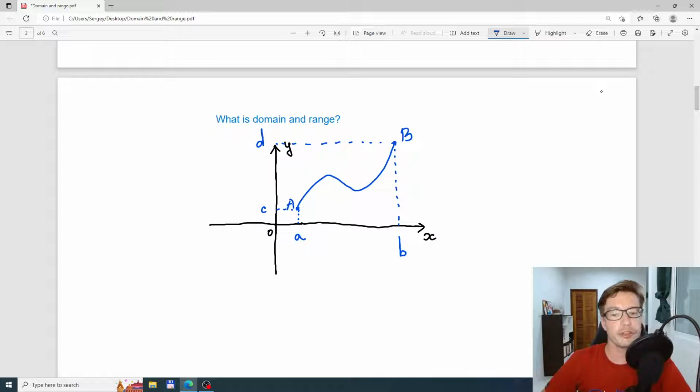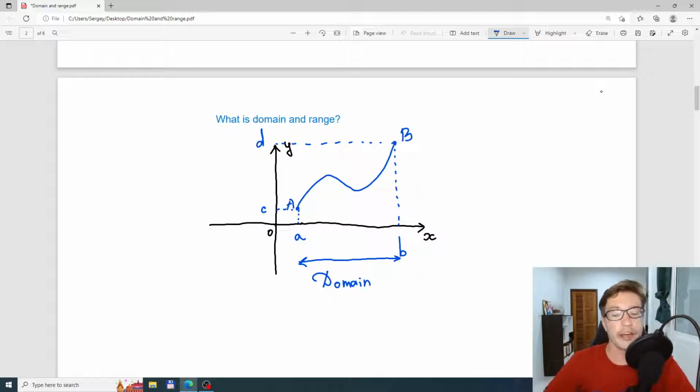Now, you can probably see that the function doesn't go to the left of A on x-axis, and it doesn't go to the right of B on x-axis as well. So that means the x values can only be from A to B. And that's what we call the domain of the function. So all the values of x that function can take as its input. This is called domain.